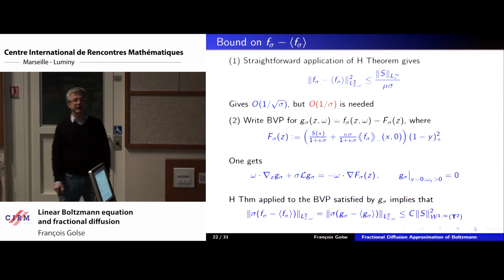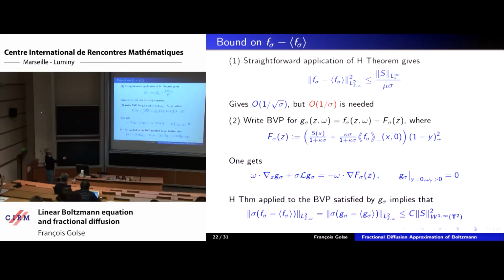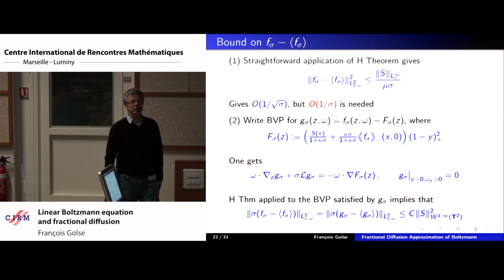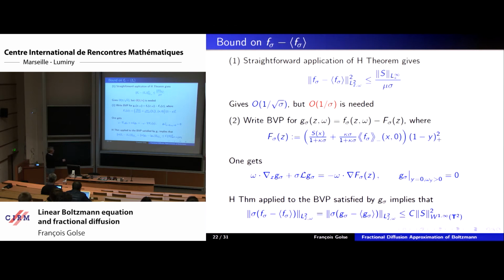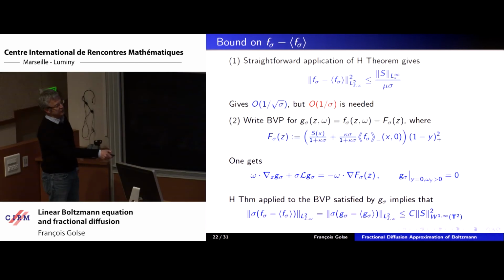And this is fundamental because now if you apply the H theorem to g sigma here, then the omega dot grad f sigma can be controlled by sigma times the deviation of g sigma from its average. So with this estimate, you can show that actually f sigma minus its average, or g sigma minus its average, are controlled by the source term S. But be careful, it's not the source term in L infinity.